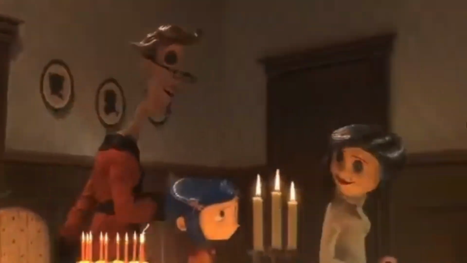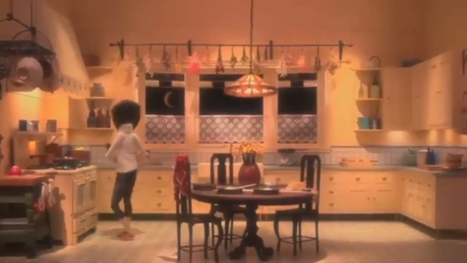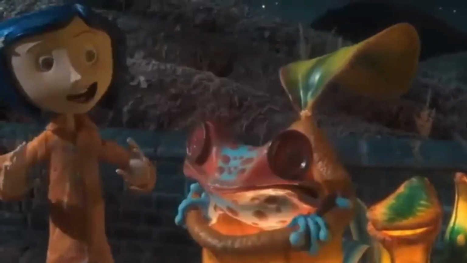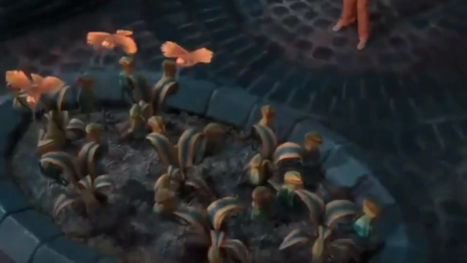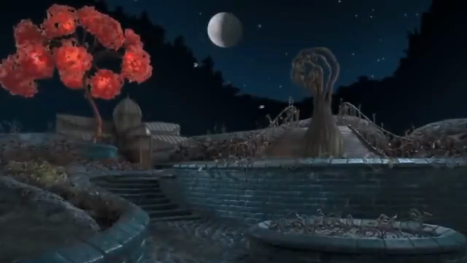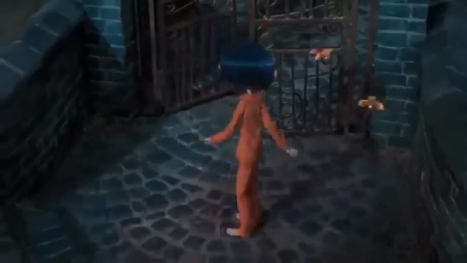Her demeanor is calculating and cruel, disguised beneath a surface of affection and understanding. She presents herself as the perfect mother who can offer everything the child wants. But this apparent need for love is not genuine. In reality, she seeks total control, yearning for her victims to surrender their will and identity, symbolized by sewing buttons over their eyes.